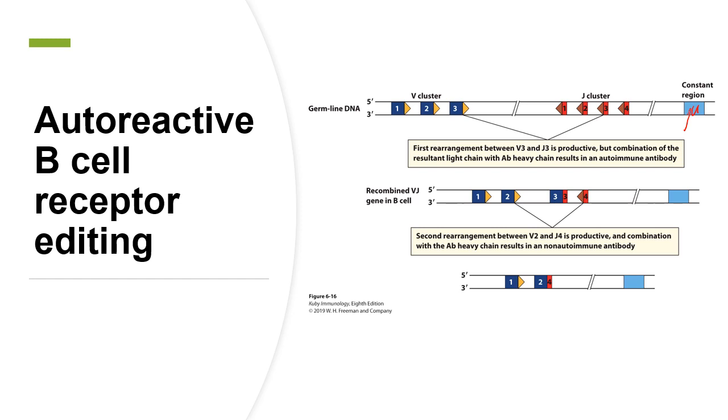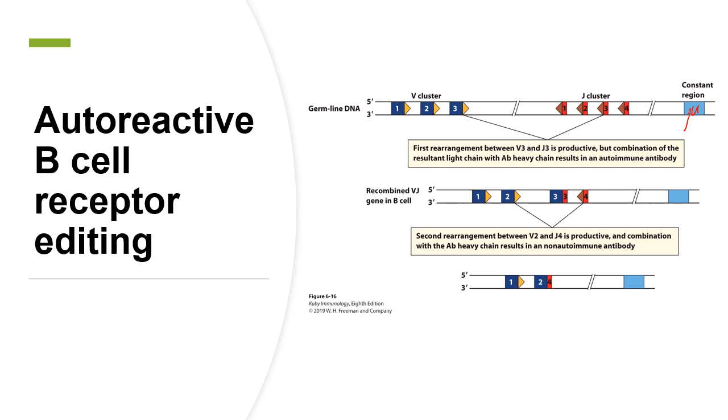So this V cluster and J cluster, they show an initial recombination event between cluster 3 in the V region and cluster 3 in the J region. That makes this nice little joined 3-3, and this was the initial attempt. If this one is autoreactive, or if it's not successful, if it doesn't actually make a functional protein for whatever reason, then the cell can go back and try, even on this same chromosome, recombining again.